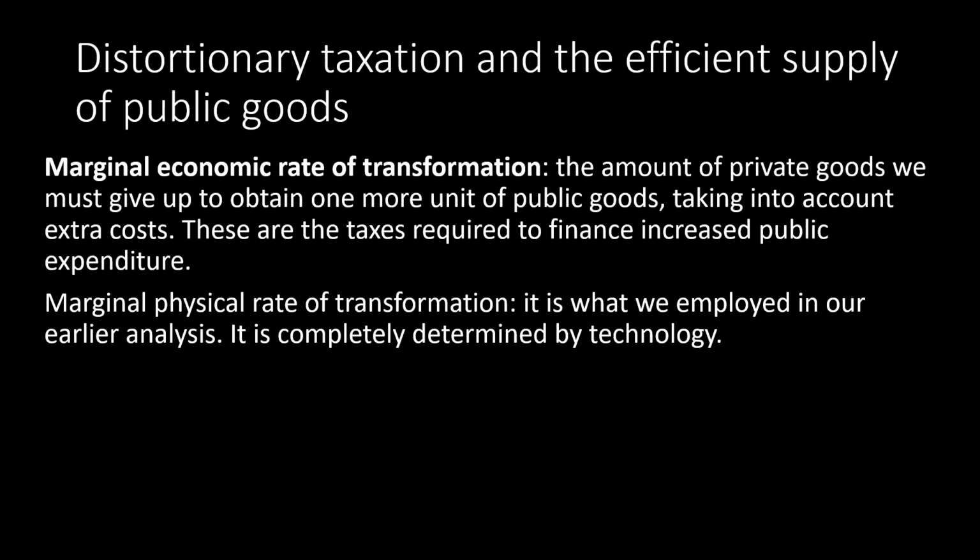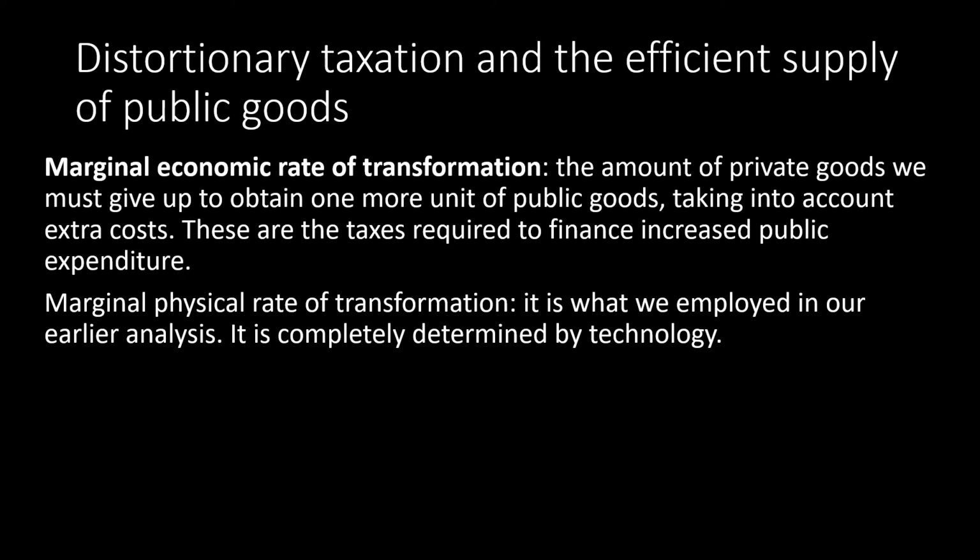We shall be looking at a case for the marginal economic rate of transformation. What do I mean by this? It is the amount of private goods we must give up to obtain one more unit of public goods, but taking into account extra costs. So these are the taxes required to finance increased public expenditure.